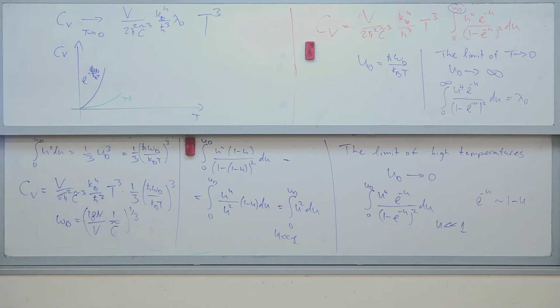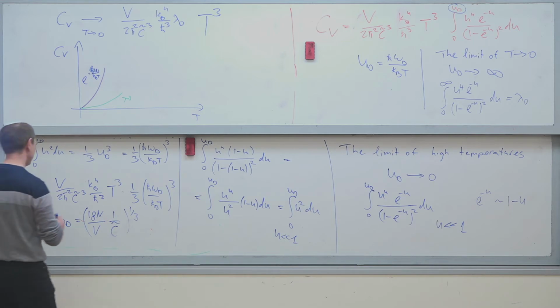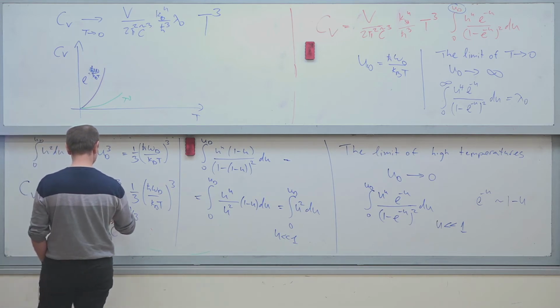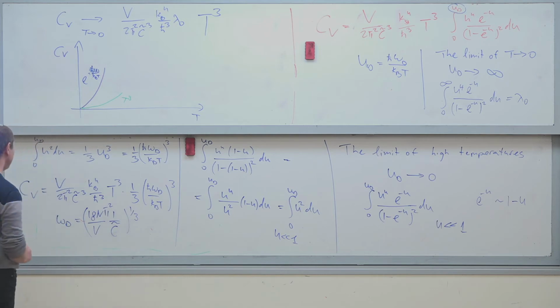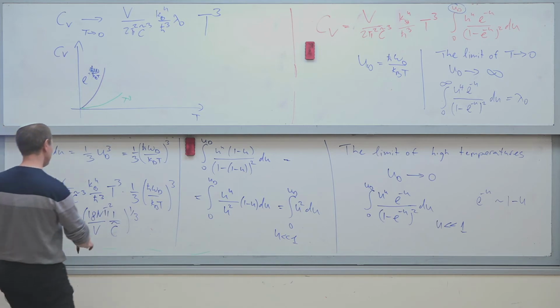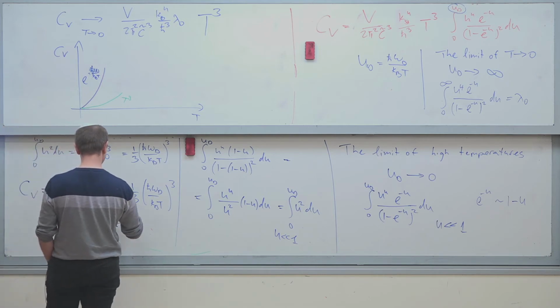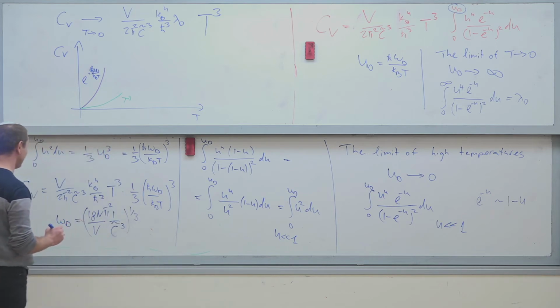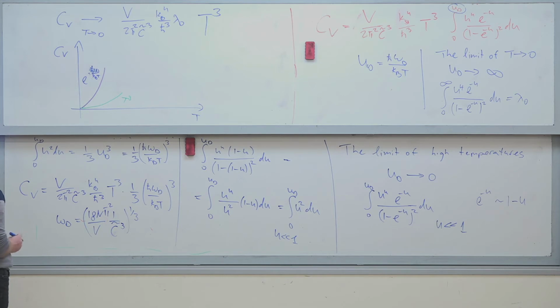Am I right? Pi squared. Where was pi squared? 18 and pi squared. And also c tilde to the third. Yes. All right.